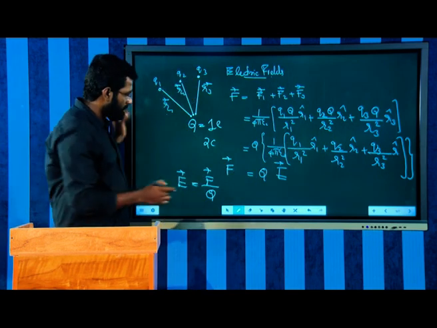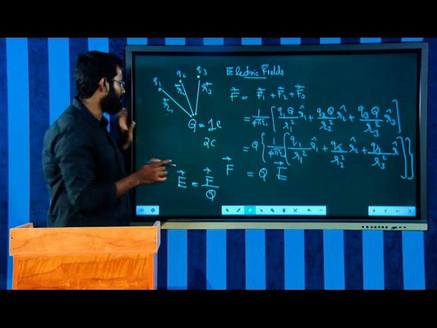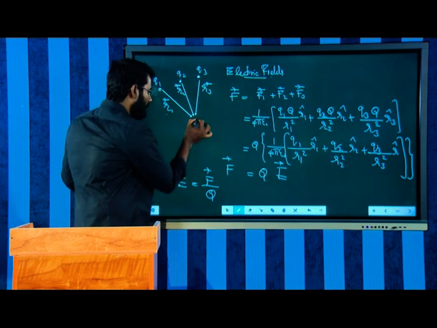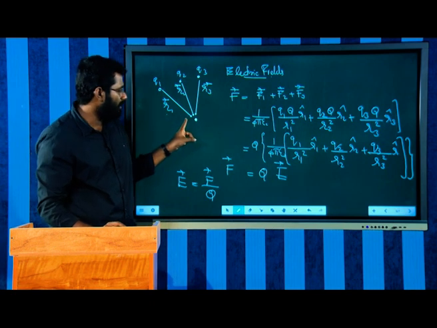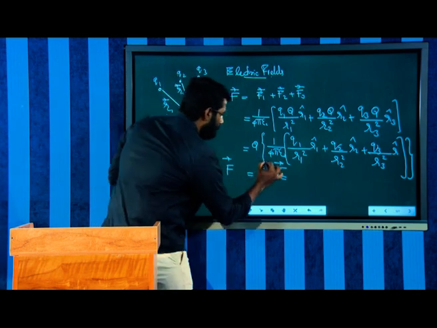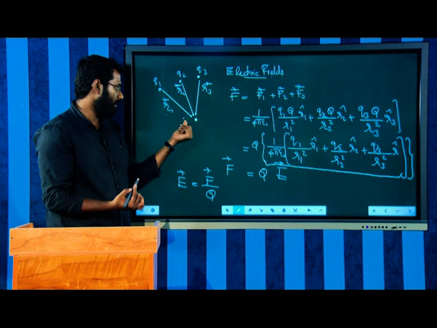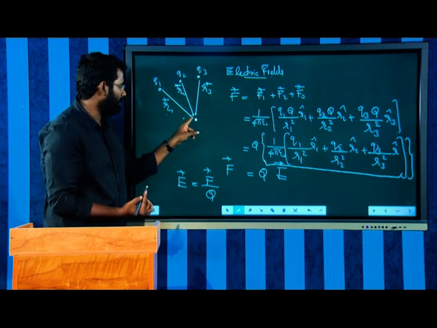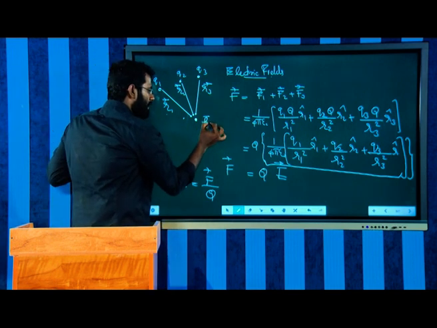So then what is the electric field? See, now we do not need this test charge, we are removing this test charge. Now onwards we call this point the field point, because we calculate the electric field at this point, and it has a particular direction also.